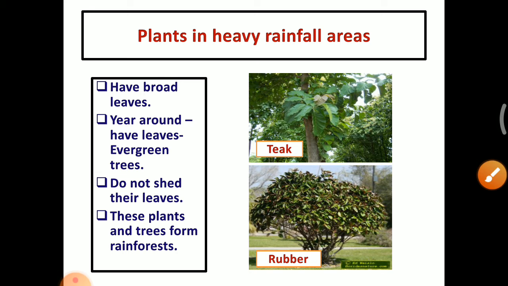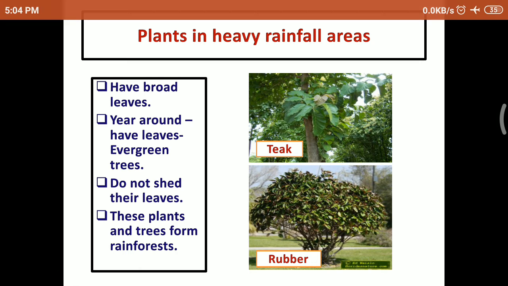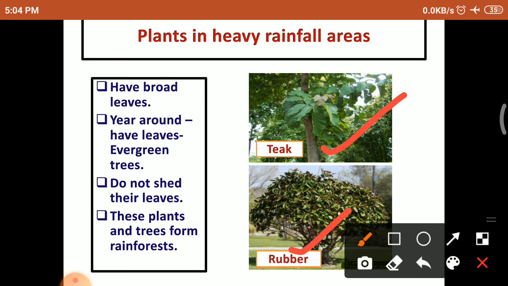The next one, plants in heavy rainfall areas. What are the plants that are grown in heavy rainfall areas? The teak and rubber are grown in these areas. So it has broad leaves. Look at this teak tree. Look at the leaf of this tree.